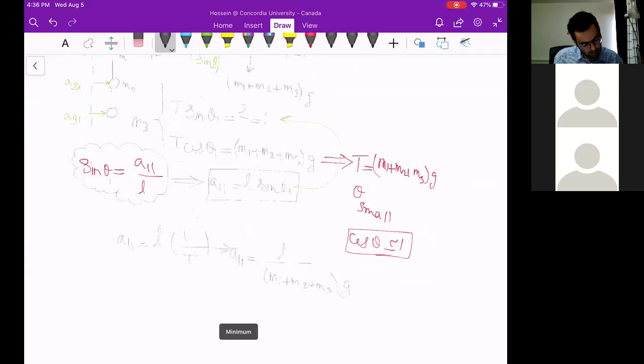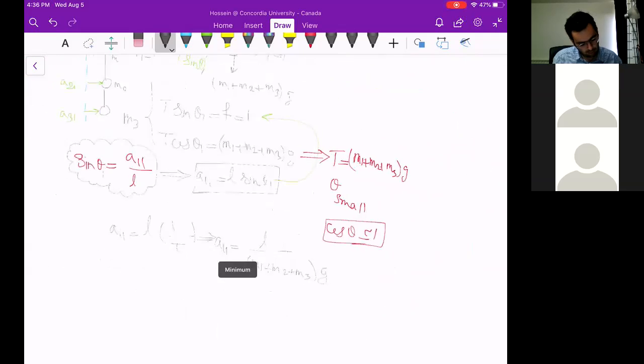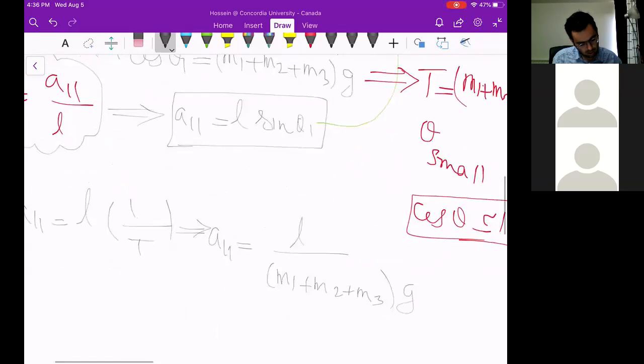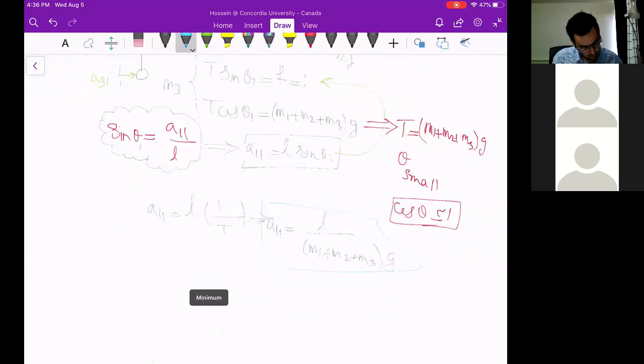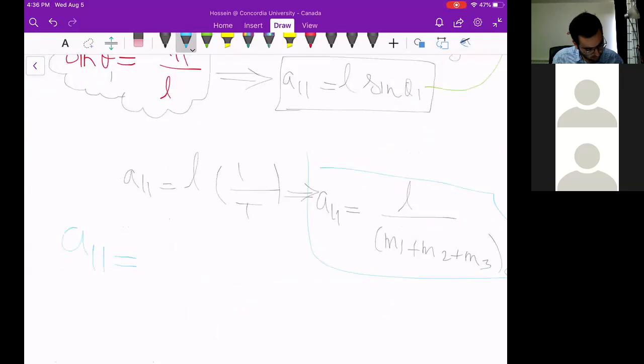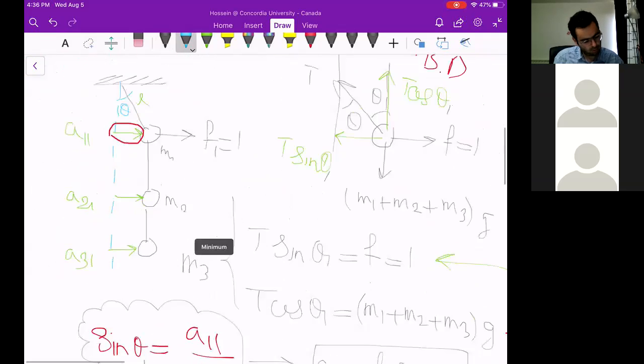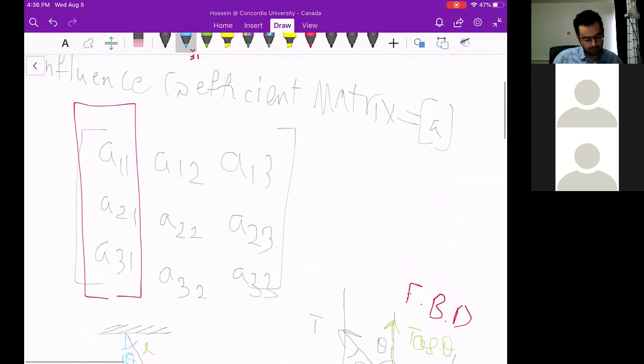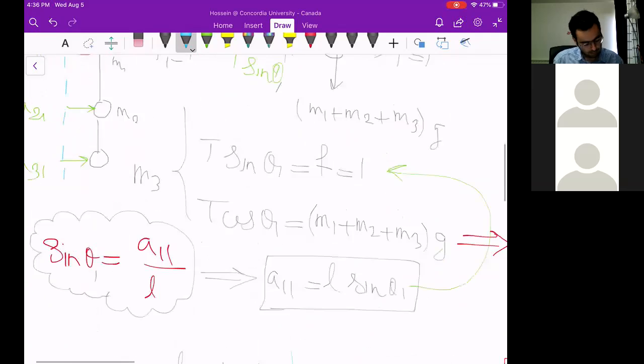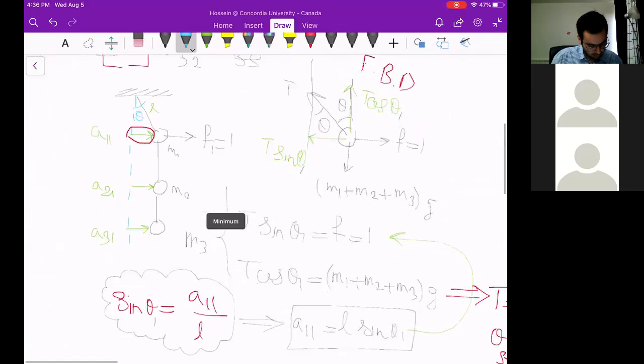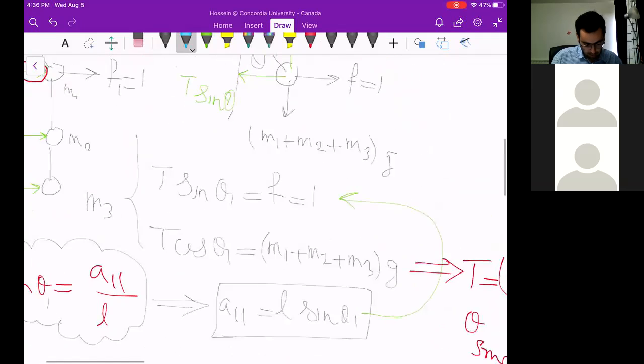Okay, this is A11, and A11 is equal to A21 is equal to A31. Why? Because as soon as we look at it, we could indirectly understand. So you could fill out the first column. Sorry, can you come back to A11 is equal to L over T? Yes. Here.